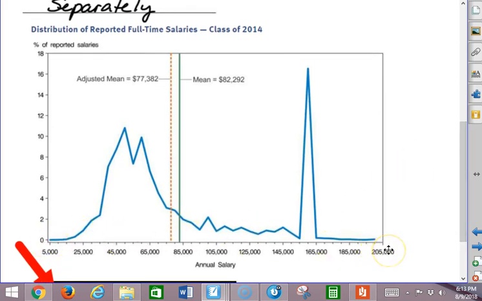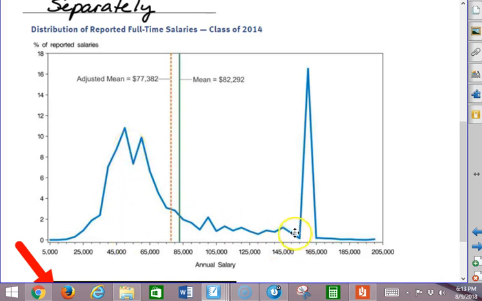The center here, the mean, is $82,000, but very few lawyers actually made around $82,000. There's a clump here where we could say there is a large group of lawyers who made between about $25,000 and maybe $90,000 a year, with the average of that group being about $55,000 to $65,000 a year.